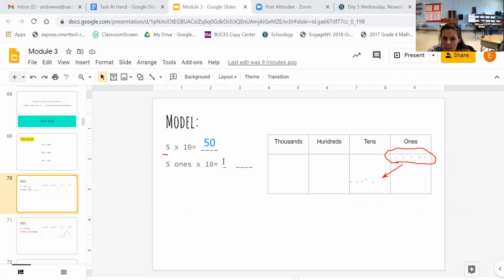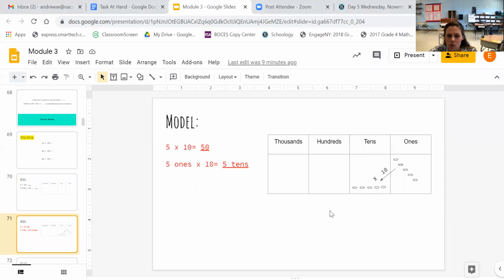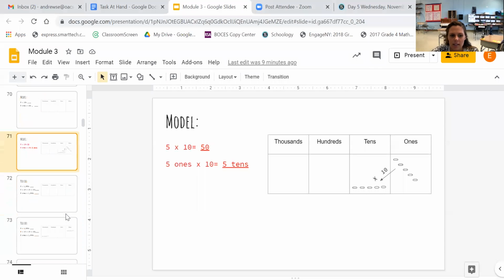Another way I can write that is in unit form where I have 5 tens, okay? So let's go ahead and try using our place value chart, multiplying. I did show my answer here too to show how I multiplied it if you needed a way to check.